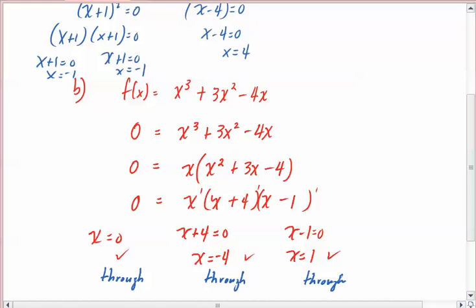Alright, so let's take a look at what a sketch might be like. If I were just going to sketch the end behavior and maybe just the x-intercept situation. There's 0, I have 1, and I have a -4.